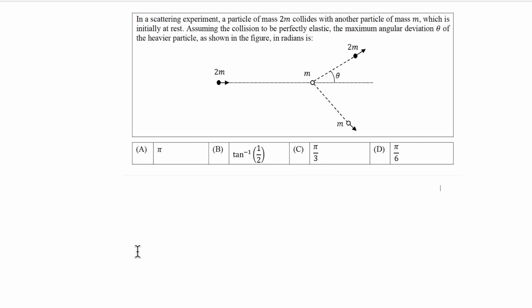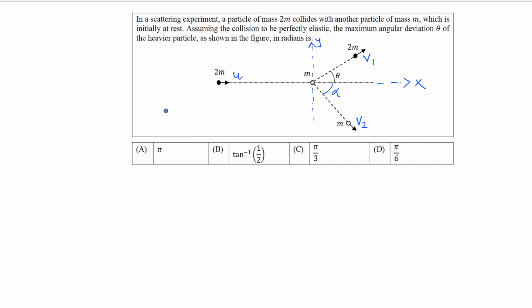Let's assume that this angle is alpha. Let's say it's moving with velocity u, and after collision it is v1, and for the other mass it is v2. We don't have much information here beyond this. Let's take this as the x-axis and this one as the y-axis.